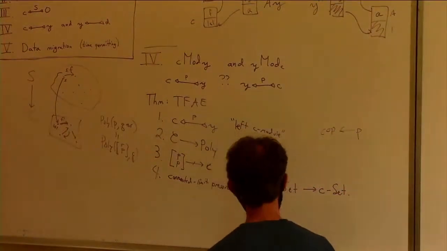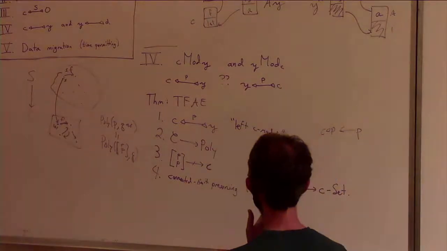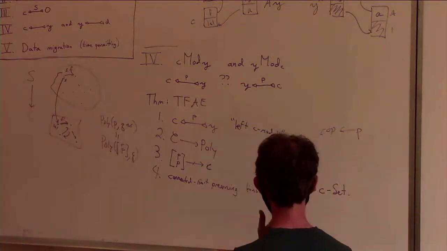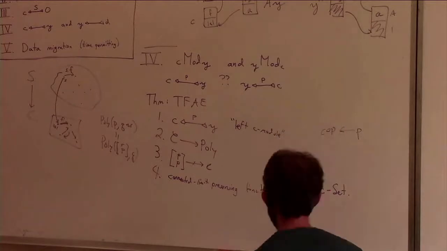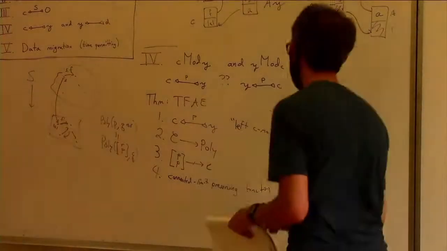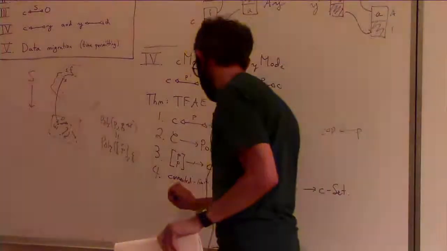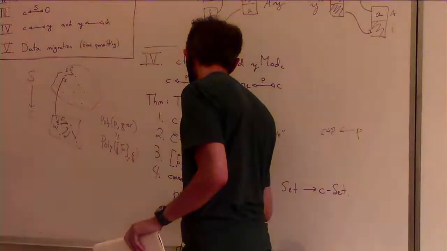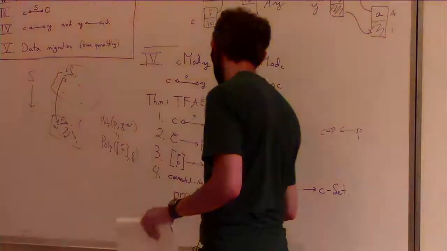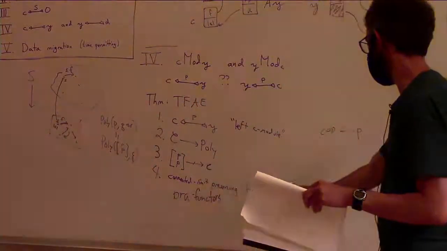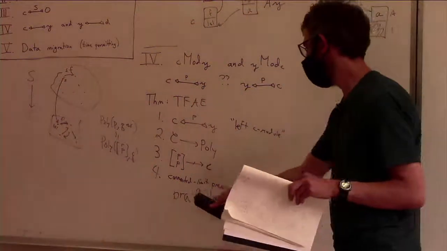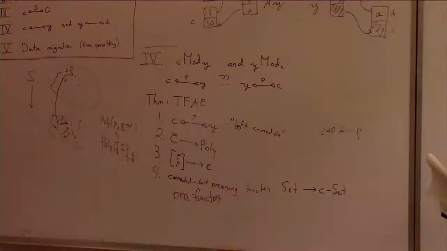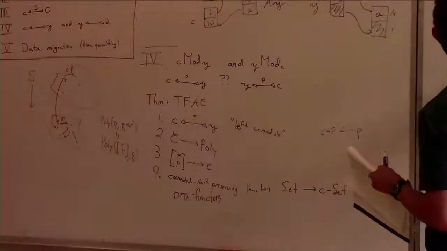So these are also called profunctors, parametric right adjoint functors. That in our setting, from set to C set, the profunctors are exactly the connected limit preserving functors. Okay, so maybe I can explain some of this.